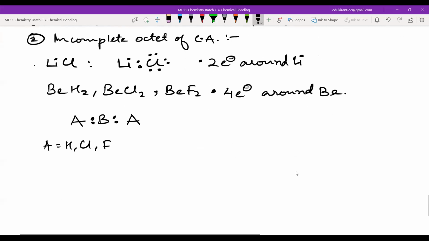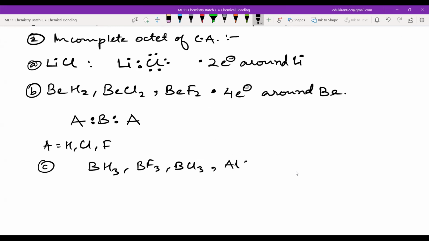Now, this is the first example. Then examples are boron: BH3, BF3, BCl3, and also AlCl3. All these structures are like this.